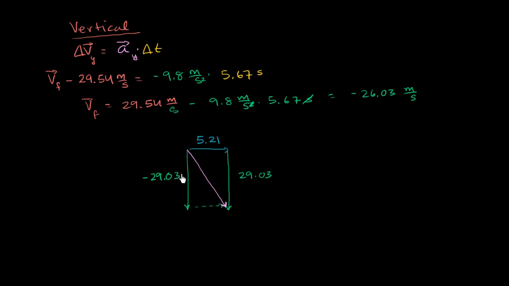So the magnitude of our total final velocity is going to be equal to the square root of 5.21 squared plus 26.03 squared.